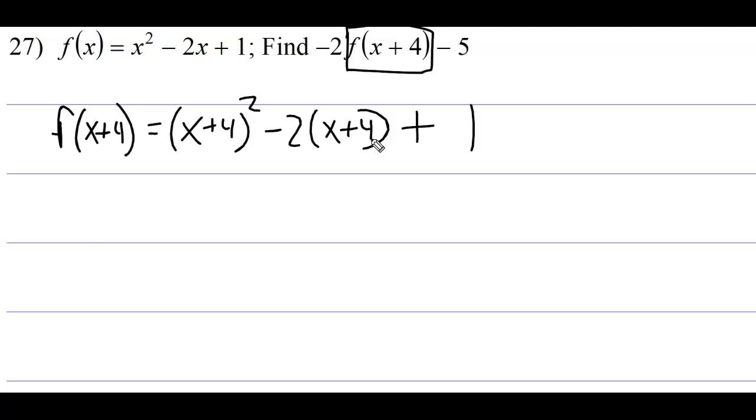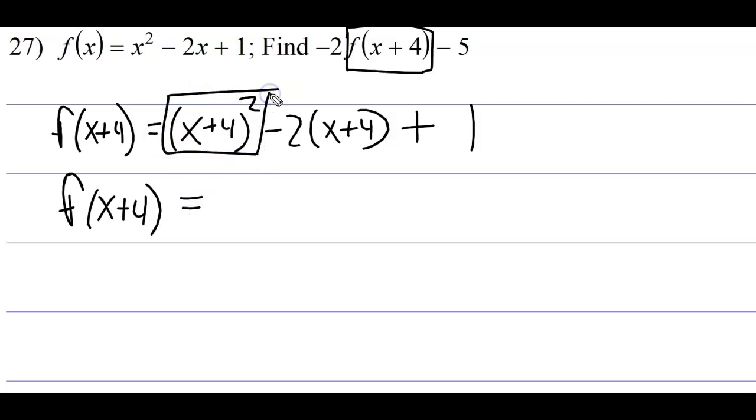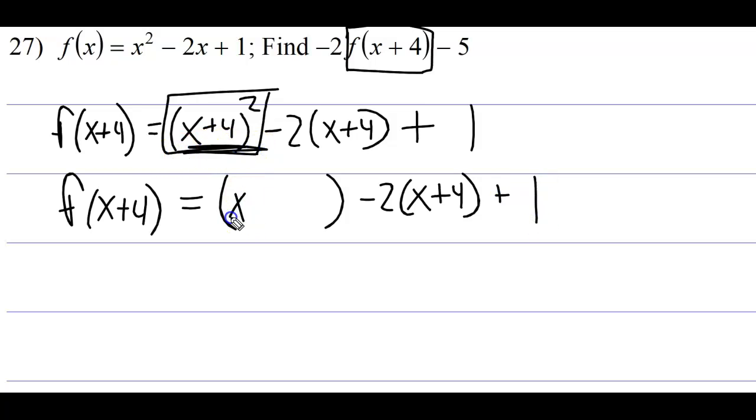Okay. Now we're going to go ahead and simplify it. Now for this problem, you have to do a box method. We demonstrated that on number 25, I think it was. So if you missed it, go back and take a look at that. But here we're going to do the box method for this. There's also a shortcut if you remember it.